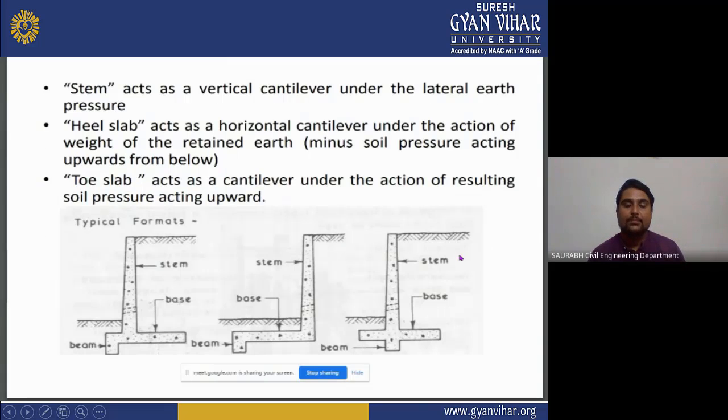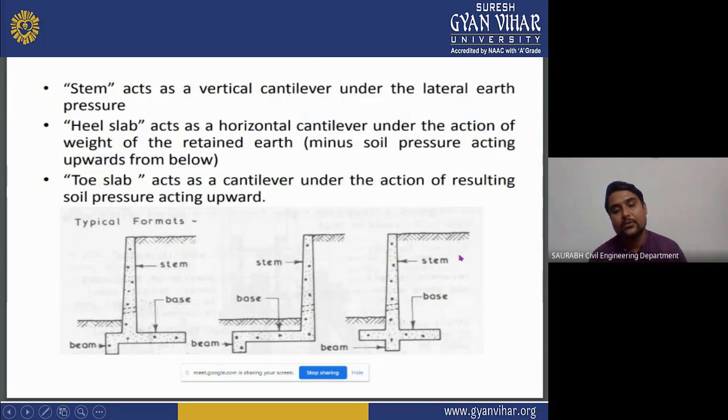Now we will see one by one what is the work of these parts of the cantilever retaining wall. First is the stem. The stem acts as a vertical cantilever under lateral earth pressure. The heel slab acts as a horizontal cantilever under the action of the weight of retained earth minus the soil pressure acting upward from below.